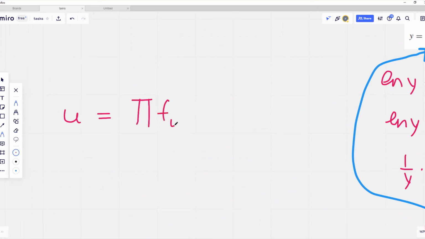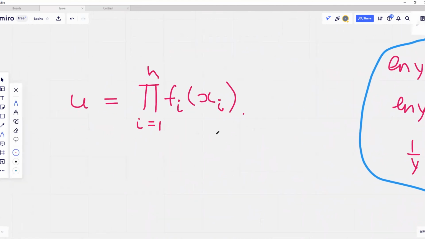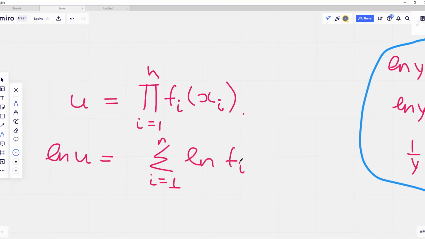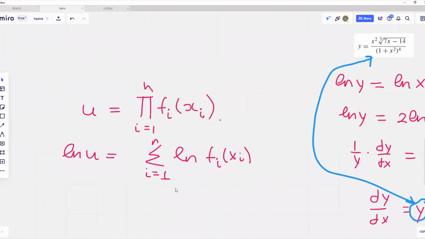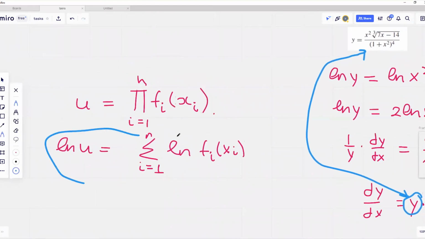Let's call those f_i's. Let's assume that they are functions of different variables. We don't care much. Then taking ln from both sides, we'll turn the following product into the sum of logarithmic functions. So that product is going to turn into the following sum of ln of f_i's. This is a very useful property, guys. Make sure to remember it.